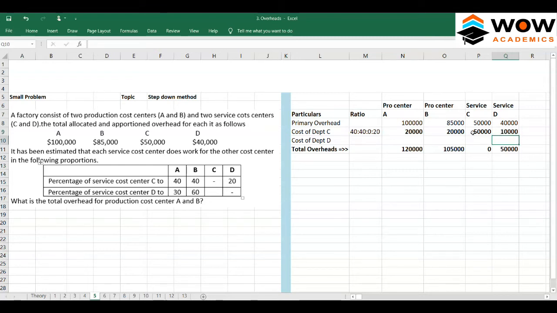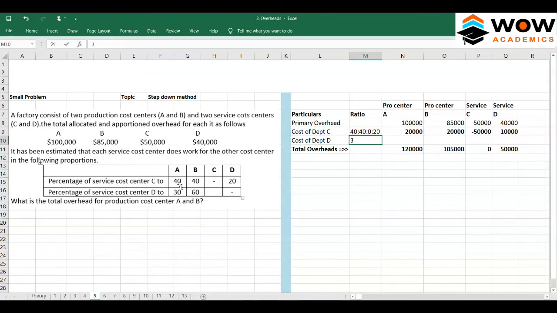If you see here, department D now has additional overheads. They started earlier with 40 and now they have 10 more, so totally now 50 you have to allocate again. How do you allocate? That is in the ratio of 30 is to 60.